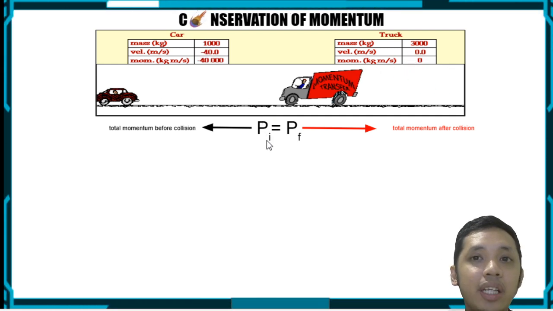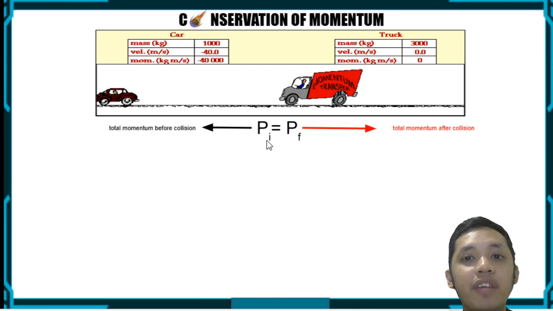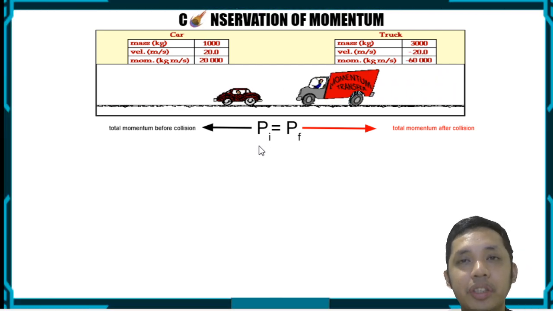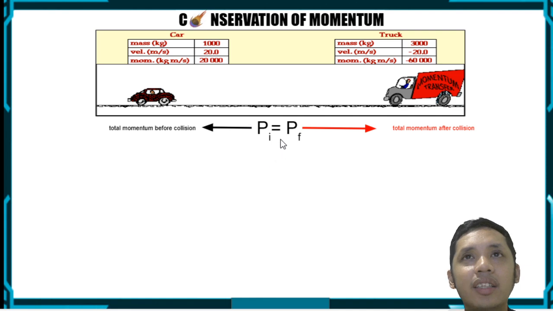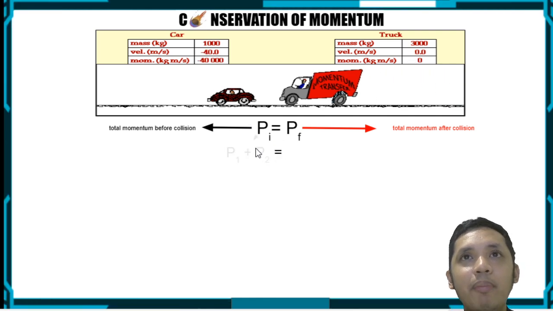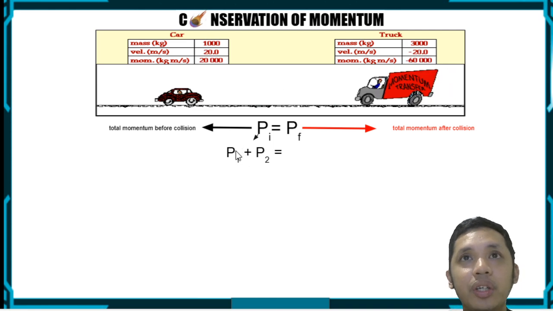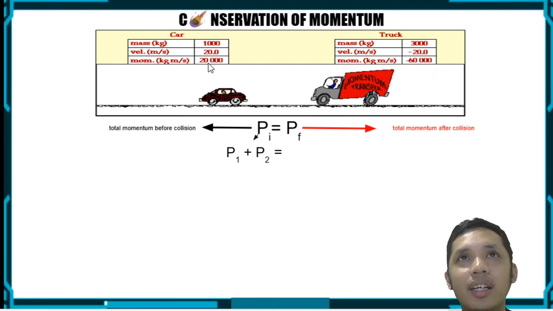Similar to what we did earlier, we identify the momentum of each vehicle before and after the collision. So, for P sub I, the subcomponents will be the momentum of each car before the collision. So, P sub 1 represents the momentum of this first vehicle before the collision.